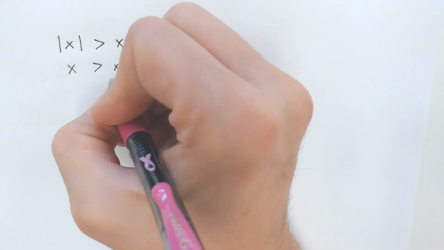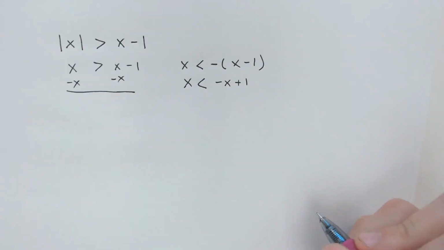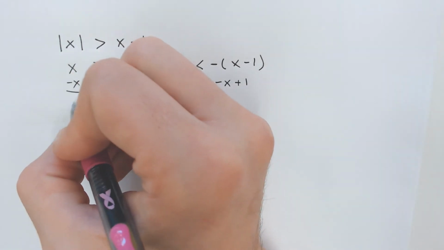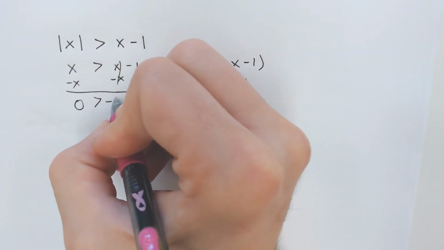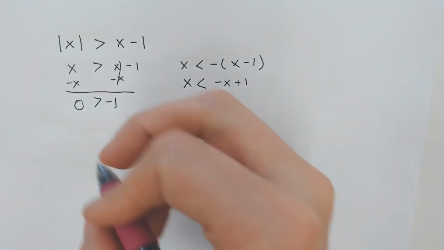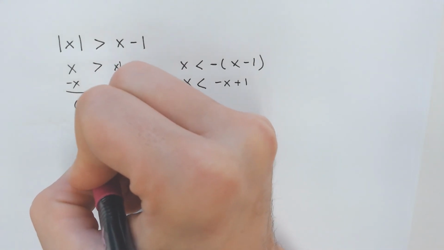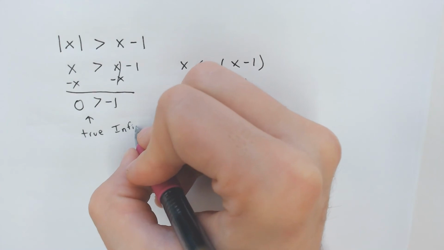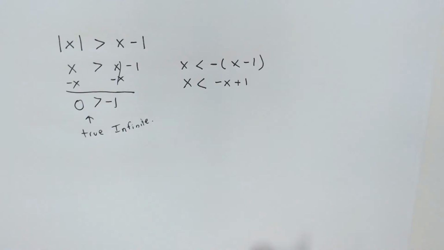And in this case, it's going to be really weird because the x's cancel out. And we get 0 is greater than negative 1, which is always true, which would imply that this automatically is going to be infinite solutions because 0 is always greater than negative 1.